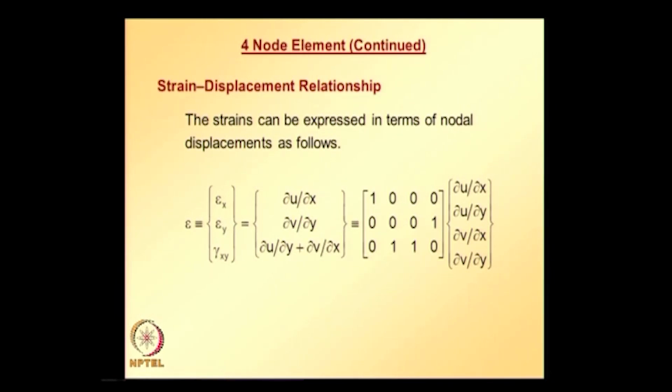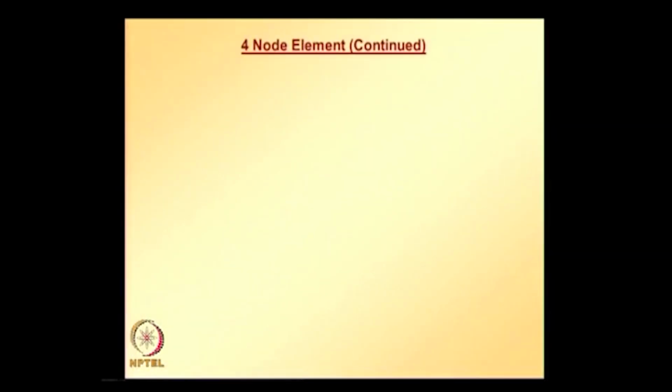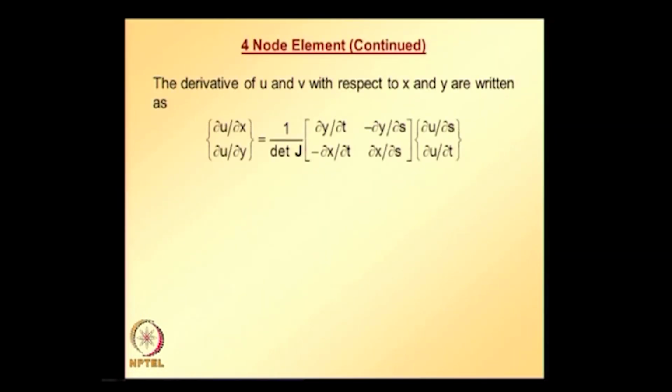So, now substitute this vector consisting of partial derivatives of displacements, which can be rearranged as shown in the later part of the equation, and the partial derivatives of displacements with respect to x and y can easily be calculated using this relation.